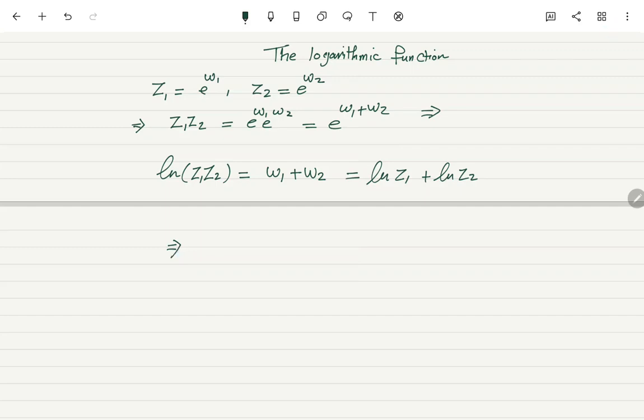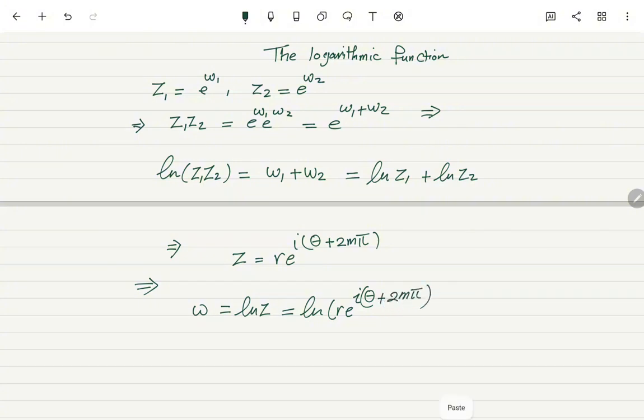Therefore, if z equal to r e to the i theta plus 2m pi, then omega equal to ln z, which is equal to ln of r e to the i theta plus 2m pi, or ln r plus i theta plus 2m pi, and m in this case it's equal to 0, plus minus 1, plus minus 2, and so on.